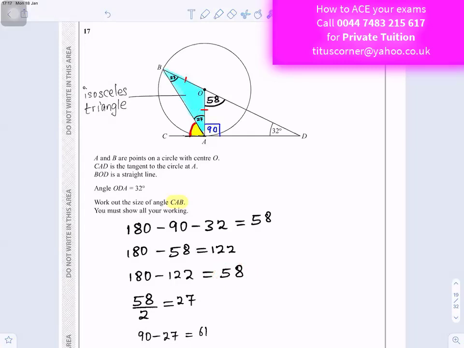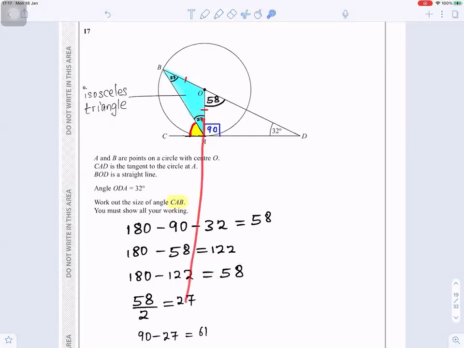If you divide 58 by 2, it gives you 27 and 27, because the base angles are equal for an isosceles triangle. Now 90 minus 27, this angle is 90. 90 minus 27 gives you 63. So that is the yellow angle.